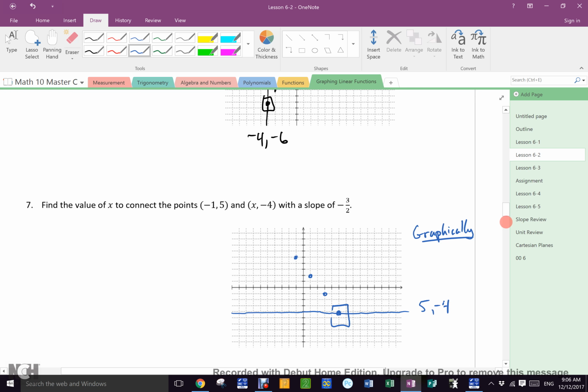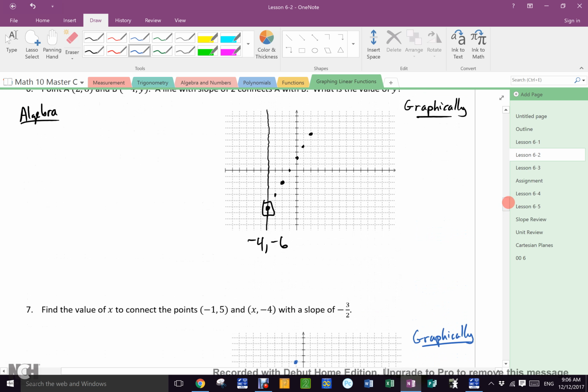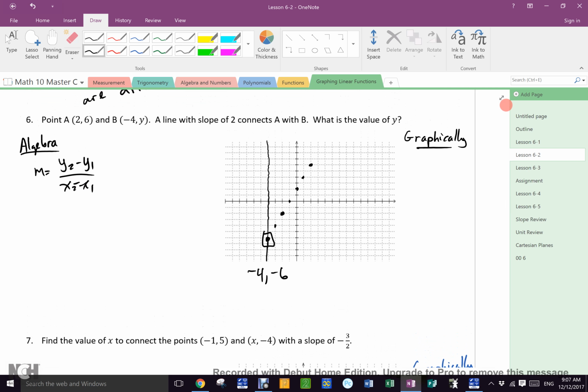All right, now slide back up to number 6, and let's do this with algebra. What do we know about slope? Slope equals y2 minus y1 over x2 minus x1, right? In this question, there is an x and a y, there is an x and a y, and there is a slope. What do I do with this information and this equation?